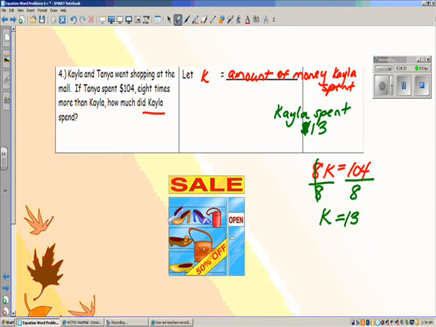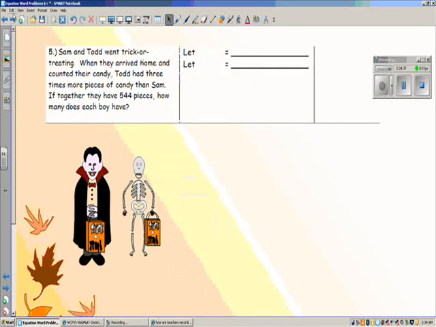Moving right along. Okay, let's talk about Sam and Todd, who went trick-or-treating. When they arrived home and counted their candy, Todd had 3 times more pieces of candy than Sam. If together they had 544 pieces, how many does each boy have?